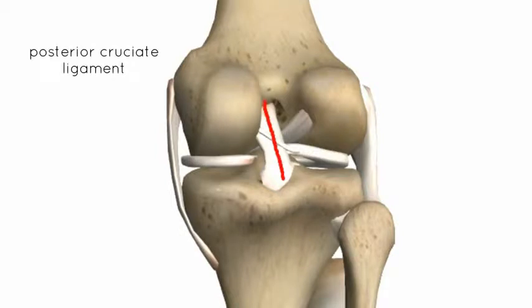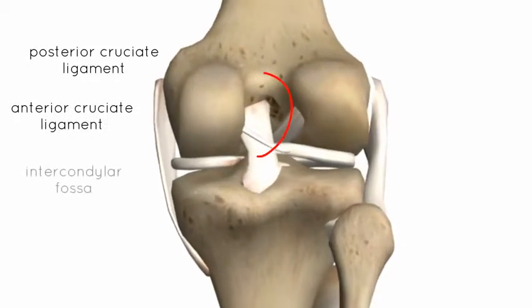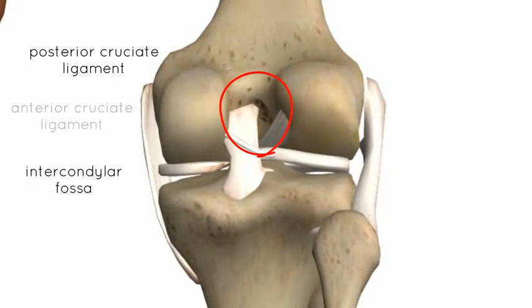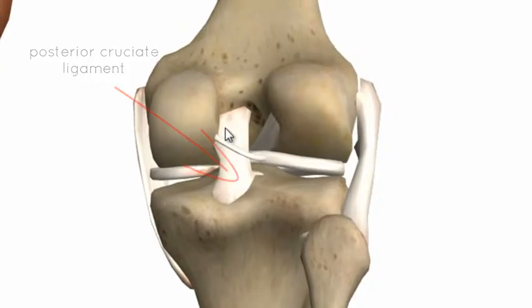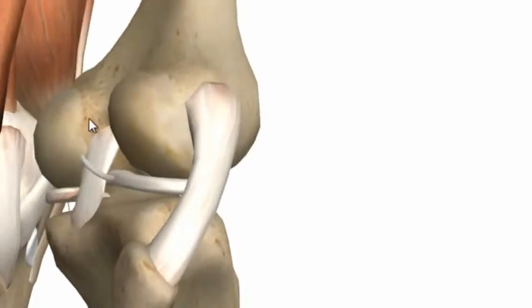So this is the posterior cruciate, and the anterior cruciate crosses over like this. You can see their attachment in the intercondylar fossa. This ligament here is the posterior cruciate ligament, and its proximal attachment is on the medial wall of this fossa.